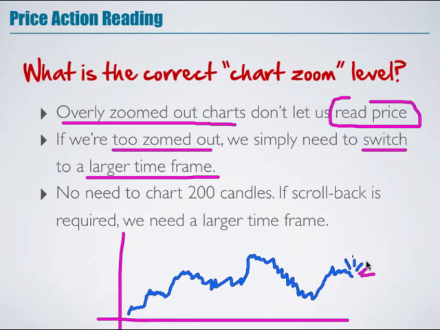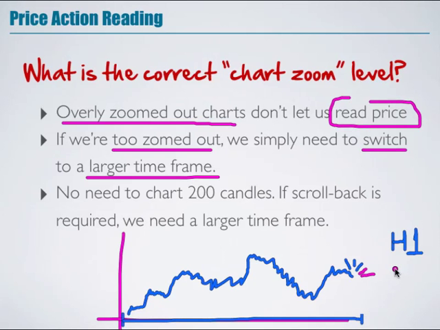So, if this specific chart was, for example, the 1 hour time frame, and you were trying to map out an entire week's worth of price action, maybe 5 days, well, that may be a little too much for the 1 hour time frame.